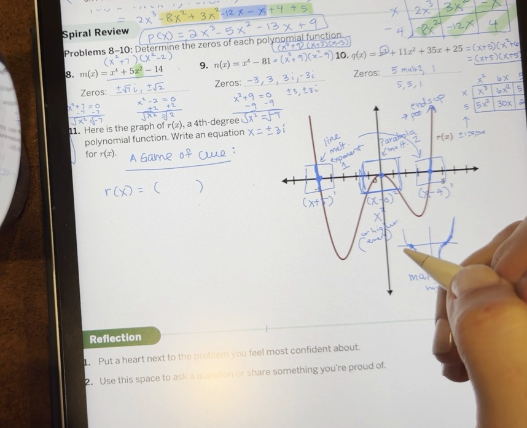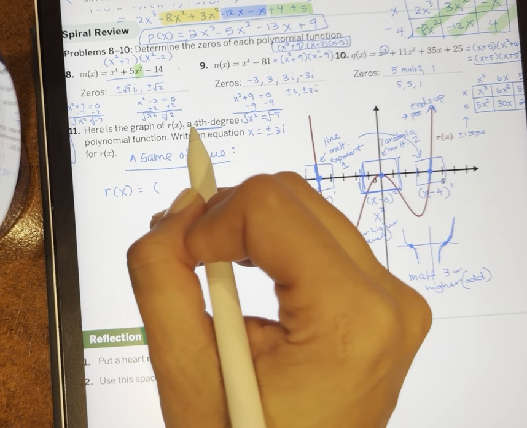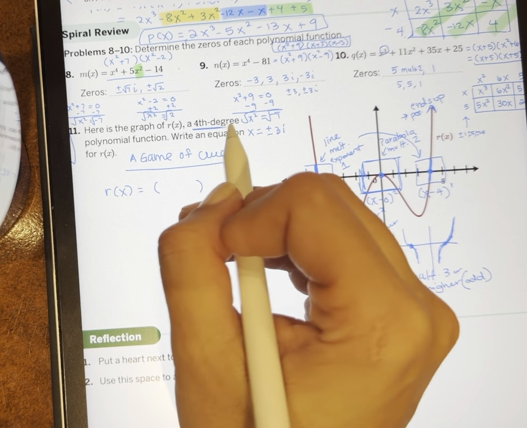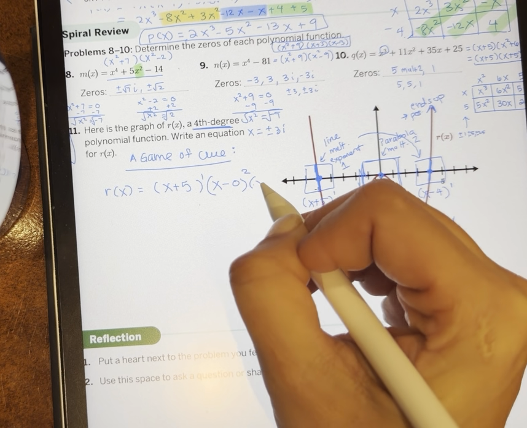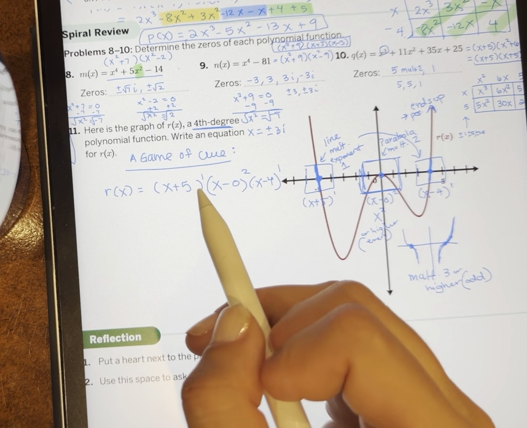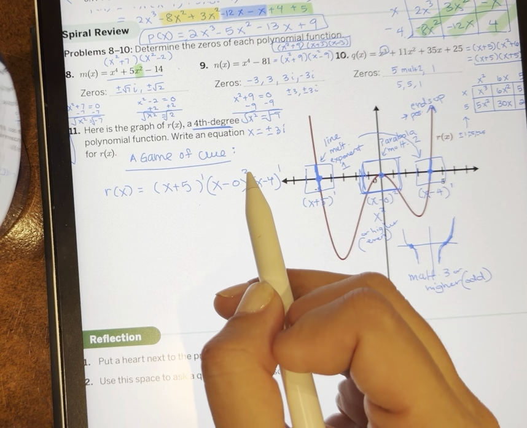Okay? But in this particular problem, they tell me this is a 4th degree. So don't get too crazy with these exponents and exceed the degree that we were allowed to have. In our situation, x plus 5 to the first, x to the second, or let's write it x minus 0 to the second, and x minus 4 to the first is already a 1 plus 2 plus 1, which is 4, a 4th degree.